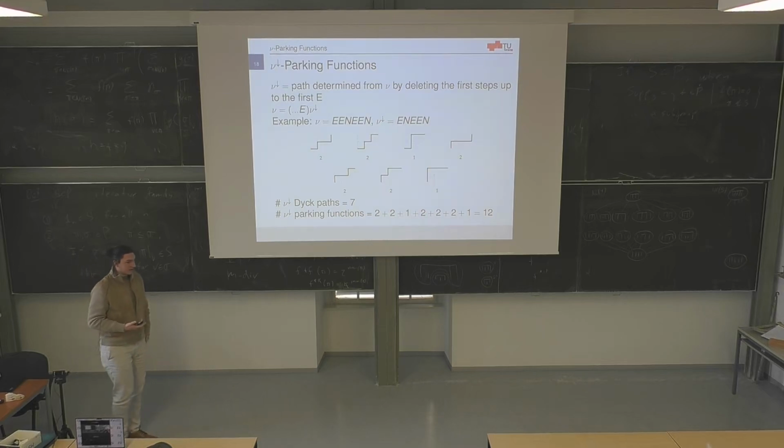And I'm counting again the Dyck paths. I'm getting 7 ν-down Dyck paths. And for parking functions, I'm counting some of them twice, and when I sum up, I'm getting in total 12 parking functions.